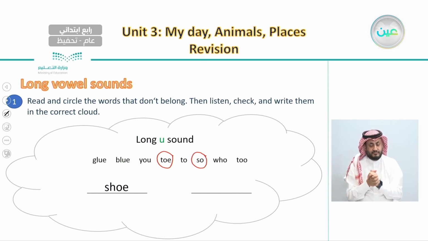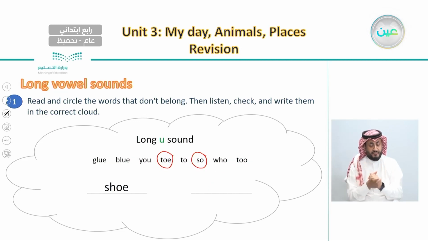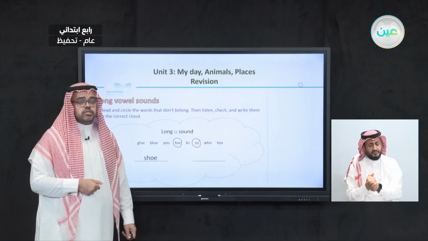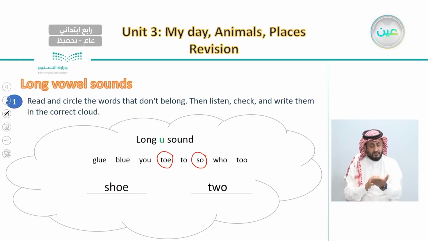And where do we put them? We put them with the long O sound. After we circle them, we need to put another word that matches the long U sound, which is to. So let's listen from the beginning: glue, shoe, blue, you, to, who, and to.